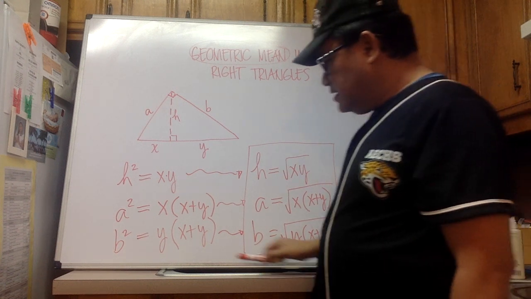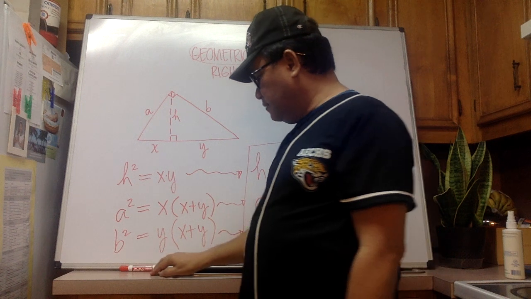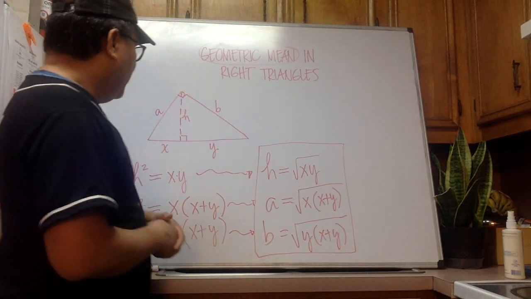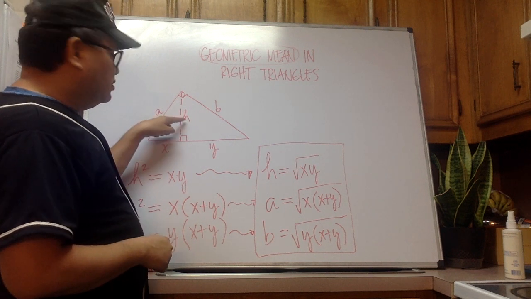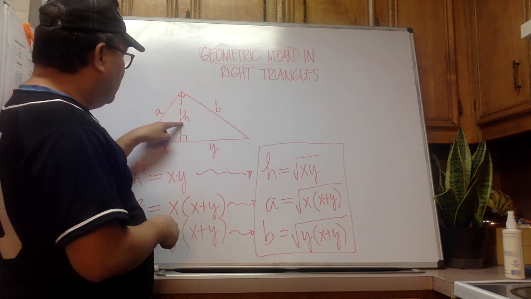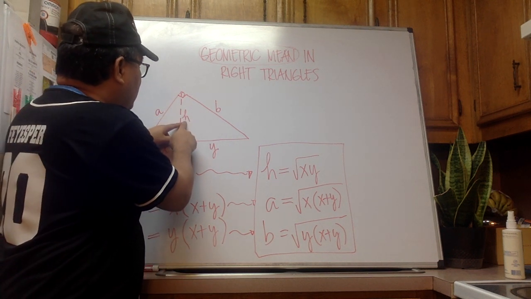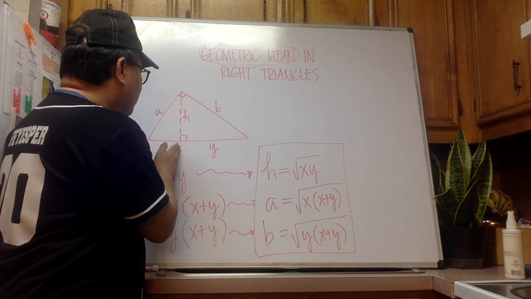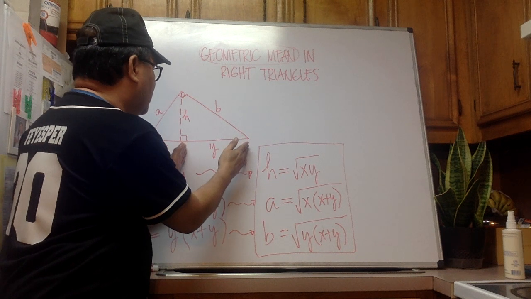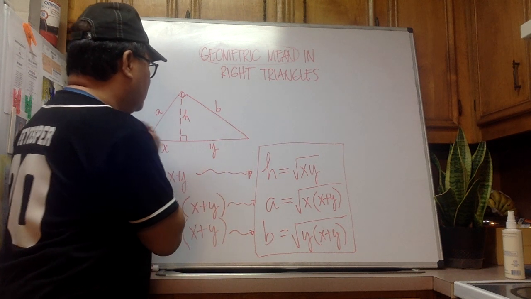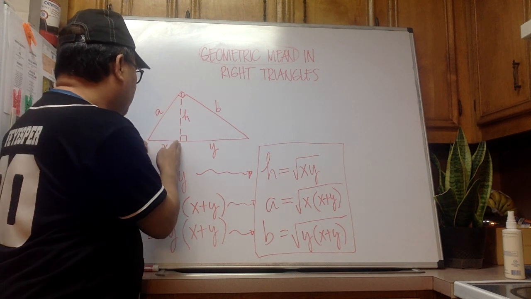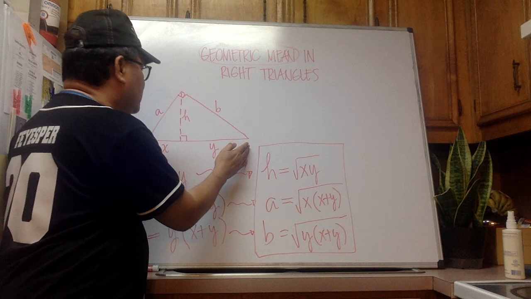So let's summarize it one more time. With my past students, this kind of helped them. The altitude of the right triangle is the geometric mean of this number and this number. This leg is equal to the geometric mean of this number and this number.